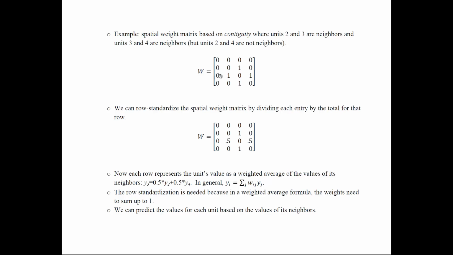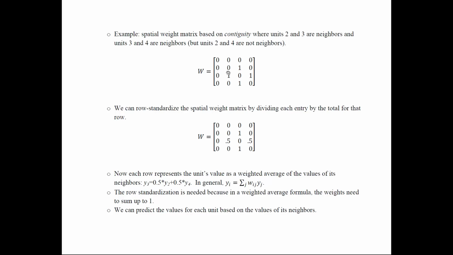Now notice that these rows would sum up to anything. Like here we would have 1, here we would have 2, and here we would have 1. So one thing that we can do is row standardize by dividing each entry by the total for that row. For example, the total for that row here was 1, so there's not much to do. But the total for this row is 2.